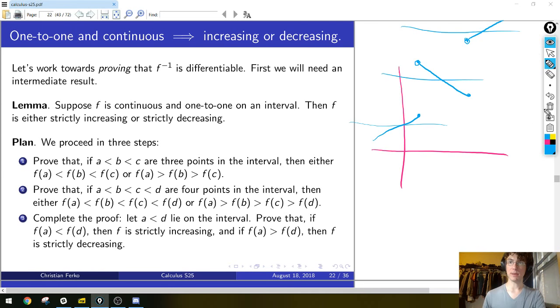It passes the horizontal line test, but it's not always strictly increasing or strictly decreasing. It's increasing here, it's decreasing here, then it's increasing again. So this theorem fails if f is discontinuous. And since the lemma fails when f is discontinuous, we're going to have to use continuity somewhere in the proof.